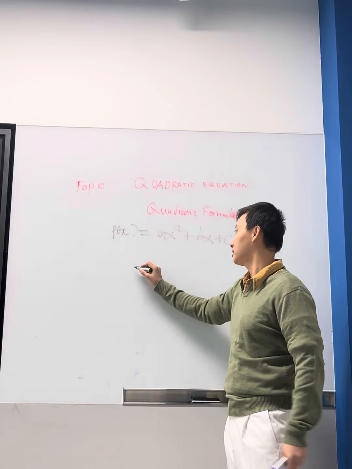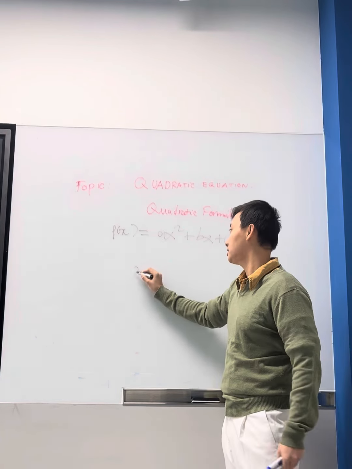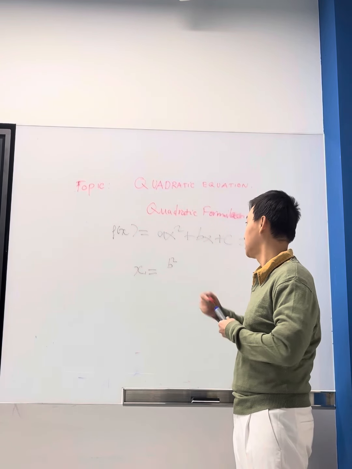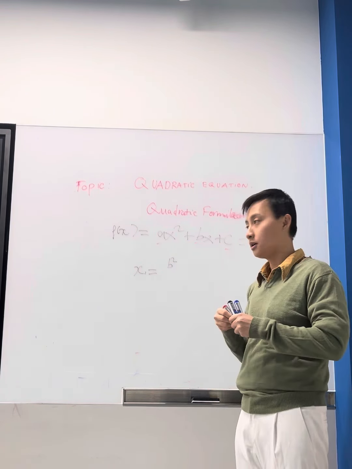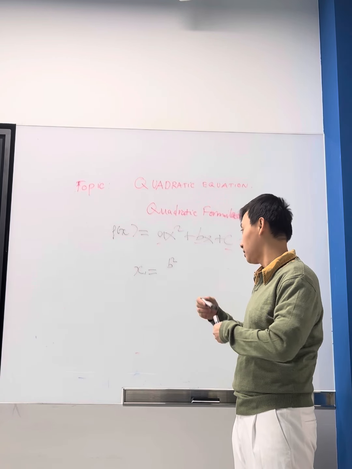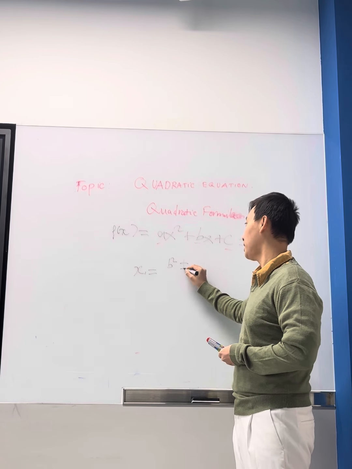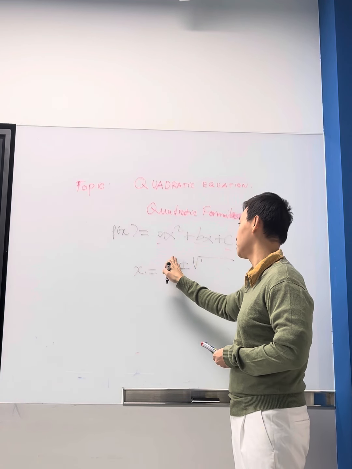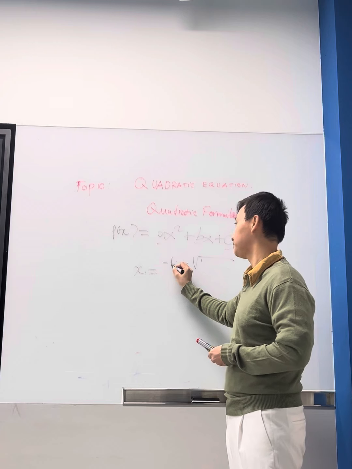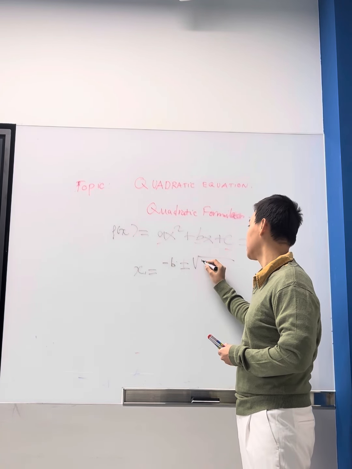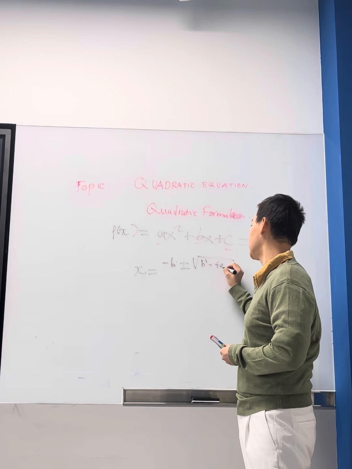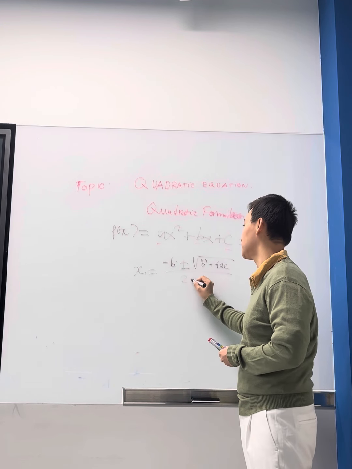The first step, try to identify the coefficients a, b, and c. So x equals minus b, plus or minus the square root of b squared minus 4ac, divided by 2a.